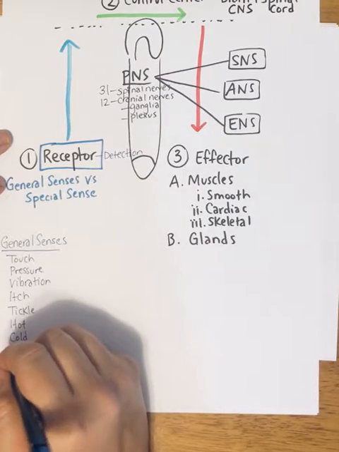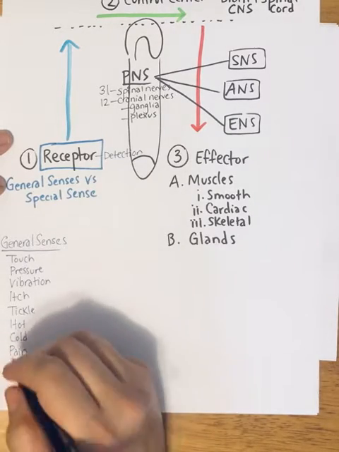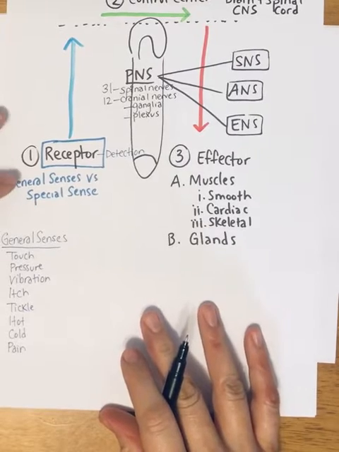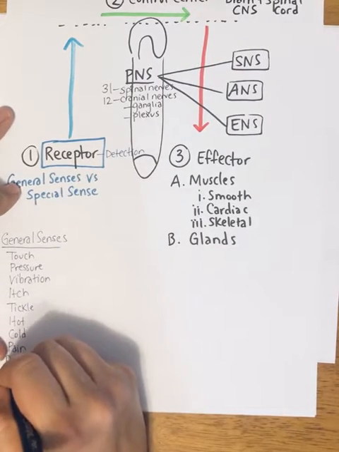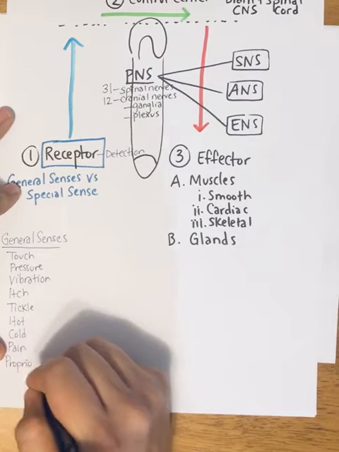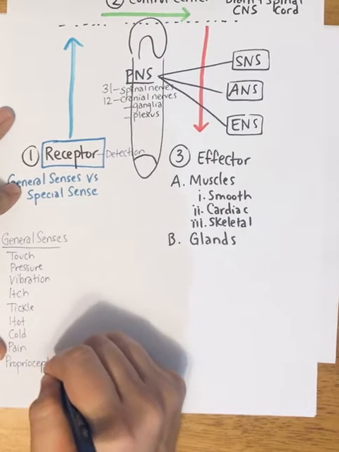We can feel pain. And another one that we can feel is what we call proprioception. This is a new one that we've never talked about.